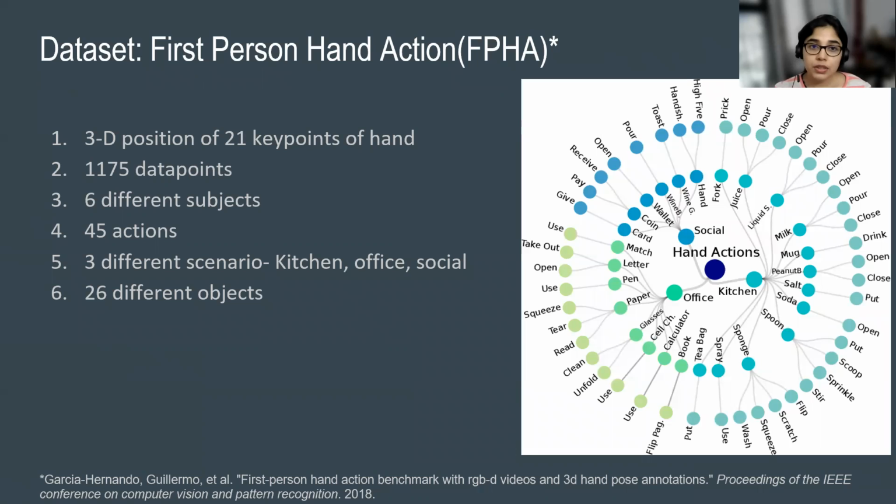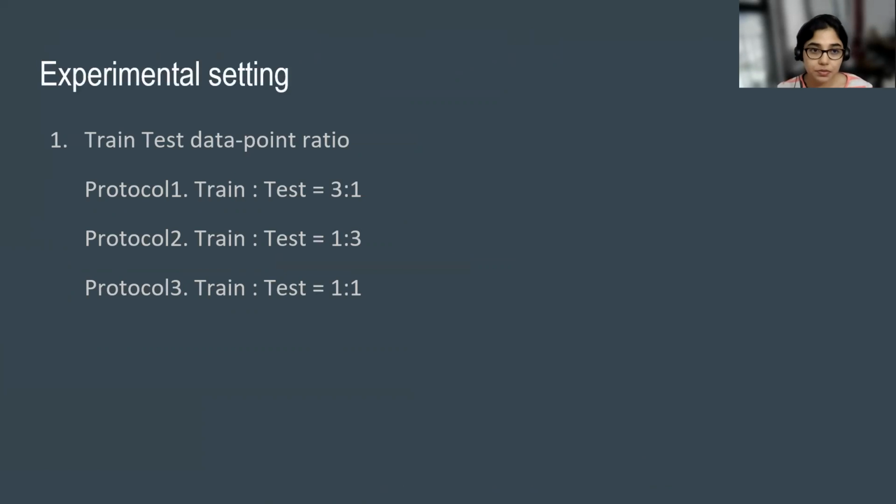For this case, we are using the first-person hand action dataset, which has 1175 data points. 6 different subjects are performing 45 tasks in 3 different scenarios, interacting with 26 different objects. But in our case, we are only using the skeleton information.